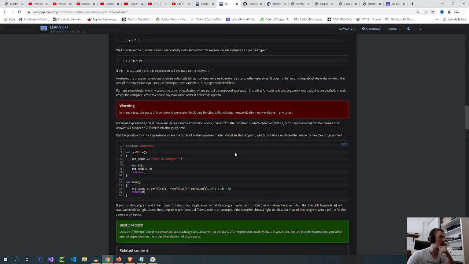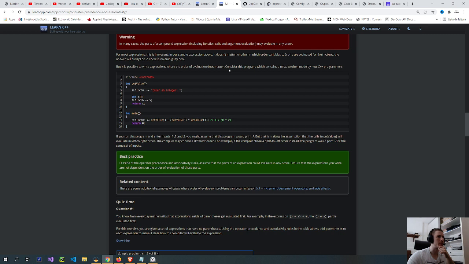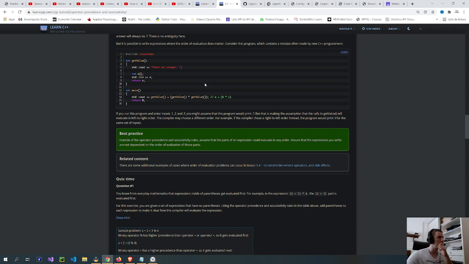For most expressions, that's fine, but it is possible to write expressions where the order of evaluation does matter. Consider a program which contains a mistake often made by new C++ programmers. If you run this program and enter inputs 1, 2, and 3, you might assume that this program would print 7.